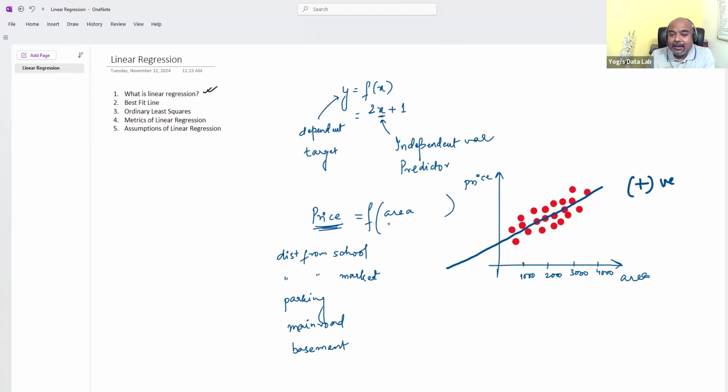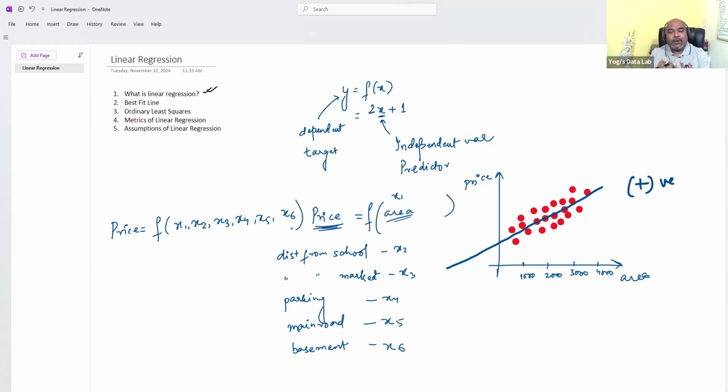So I cannot say that y or your price is just a function of your area. Ideally, price will be dependent on all these variables. So if I call this as x1, this variable as x2, this as x3, x4, x5, and x6, it means that my price is a function of all the 6 variables x1, x2, x3, x4, x5, and x6.